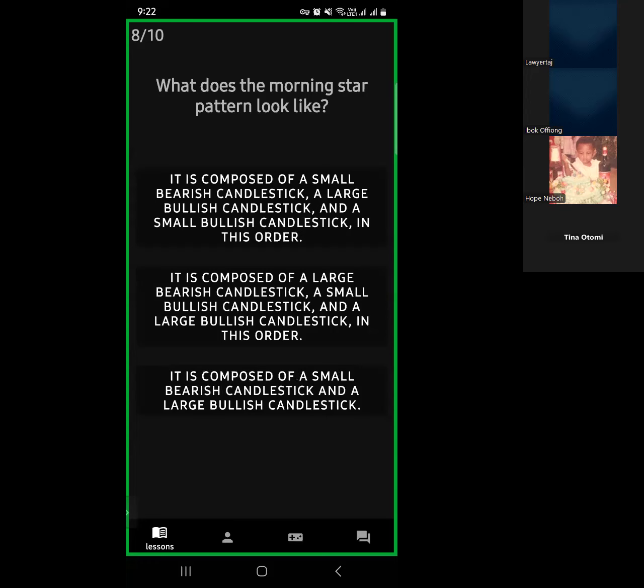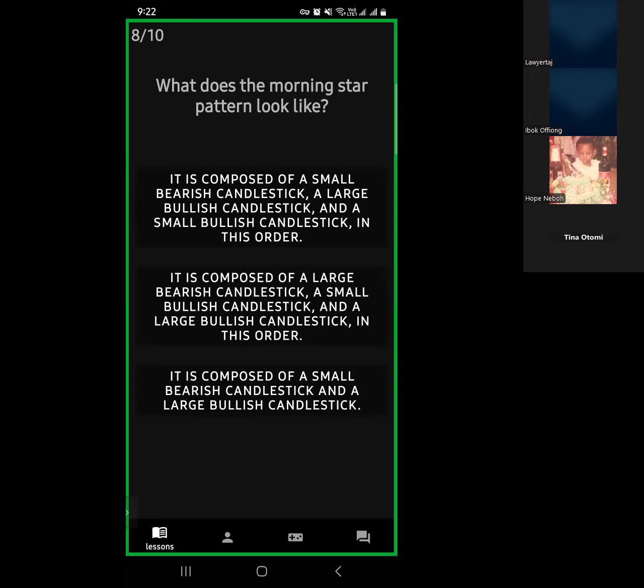Number 8. What does the morning star pattern look like? Number 1, it is composed of a small bearish candle, a large bullish candle, and a small bullish candlestick in order.